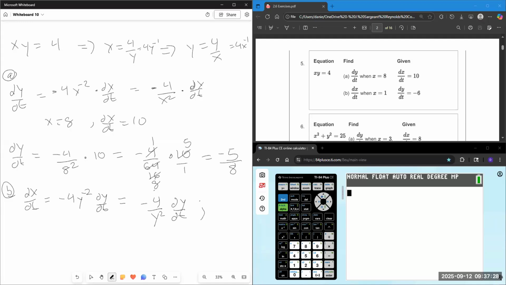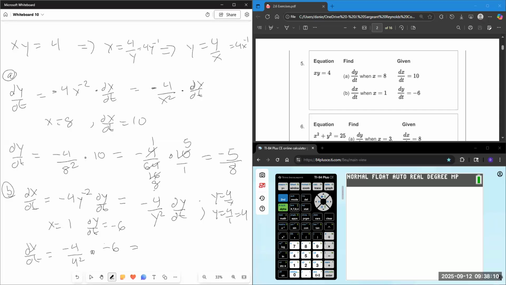I'm going to make a substitution here that y is equal to 4 over x, and x is being given to me as 1, and dy/dt is being given to me as -6. So if x is 1, y is 4 over 1, which is 4. So we've got that. dx/dt is -4 over 4 squared times dy/dt, which was -6.